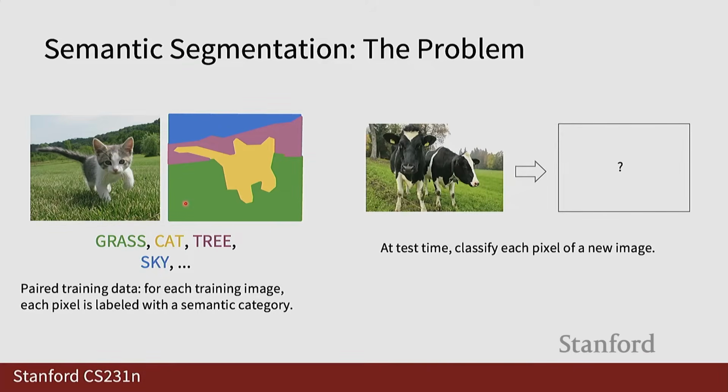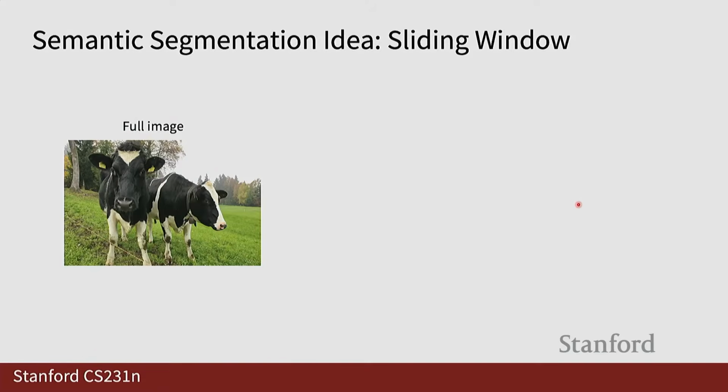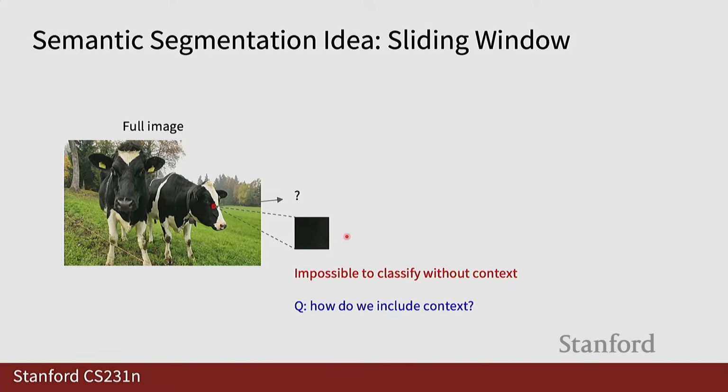So basically, when we train a model that does this, at test time we want to take an image and generate the same map as the output. How do we do that? There are many different options. Let's say I just look at each pixel, every single pixel, and say what the label for that pixel should be.